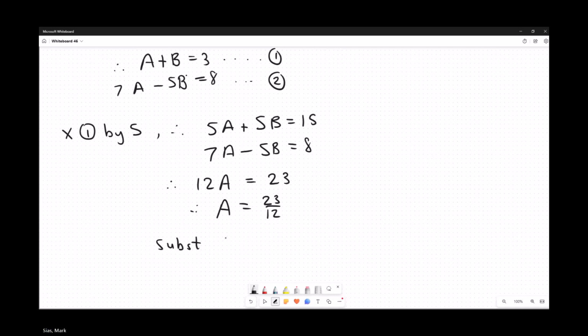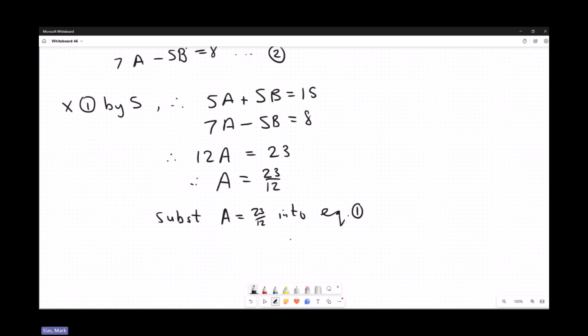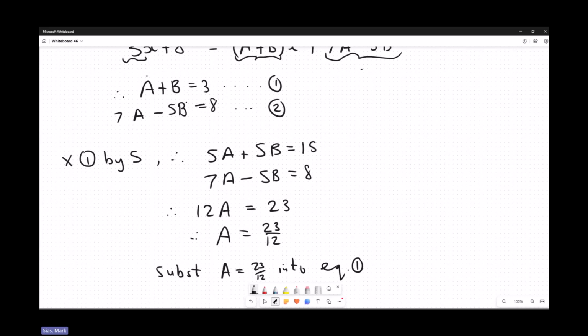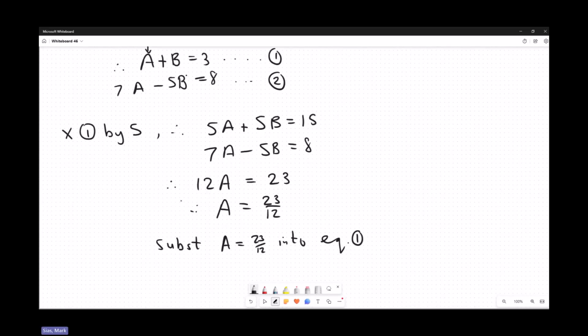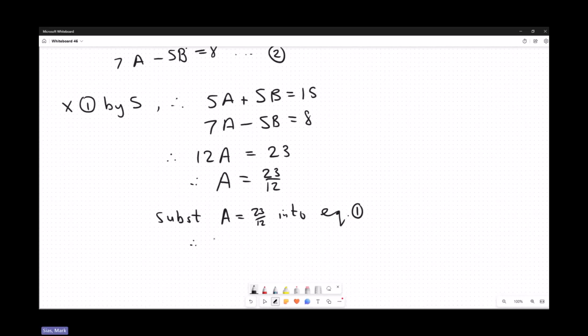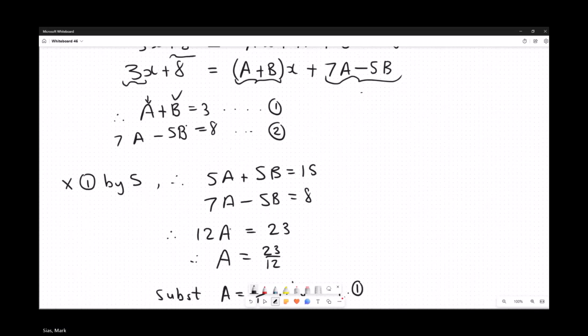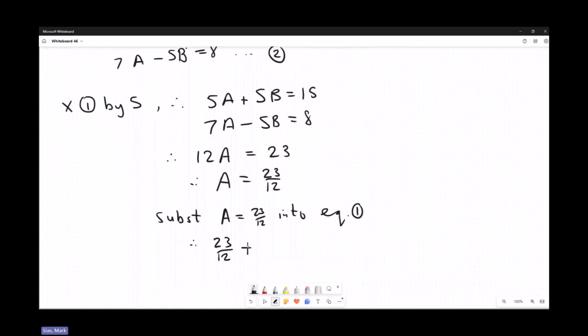Substitute, you get the same answer. Substitute a equal to 23 over 12 into equation 1. So a is 23 over 12. Therefore, 23 over 12 plus b is equal to 3.